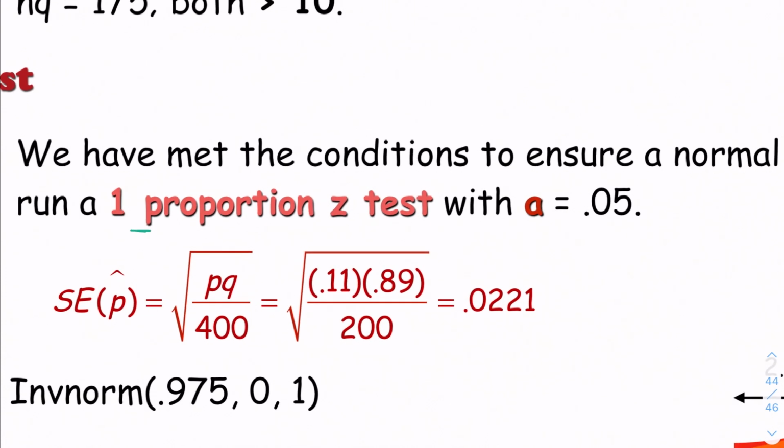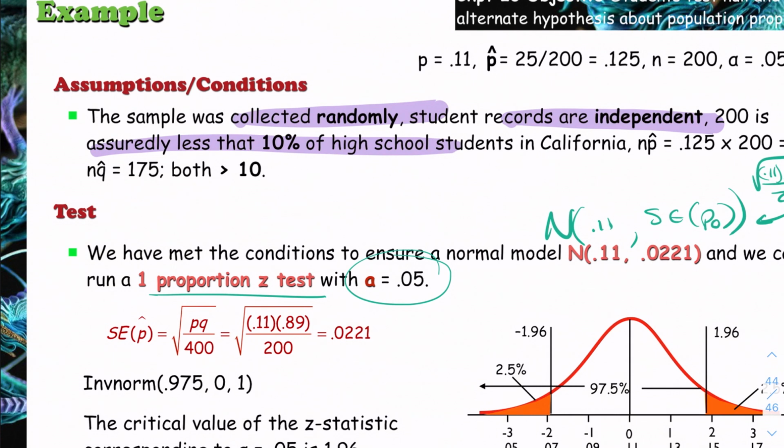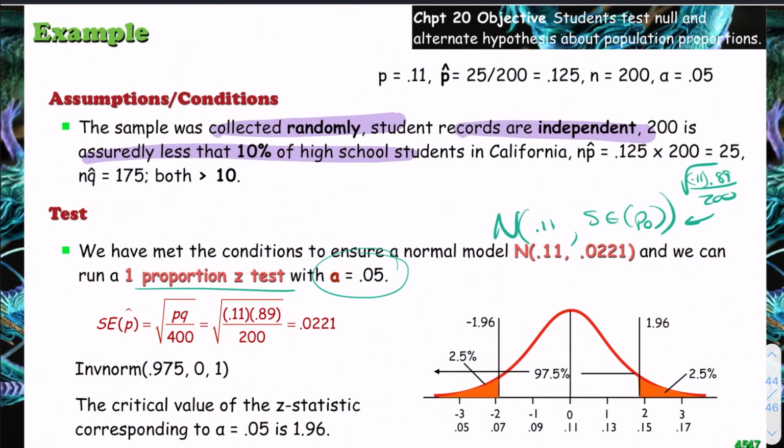So we're going to run a one proportion z-test with an alpha level of 0.05. Notice that I'm including all of the information that you need. We're going to do an inverse normal for 1 minus alpha over 2, with mean 0 and standard deviation 1, so we get a critical value for a z statistic of 1.96.